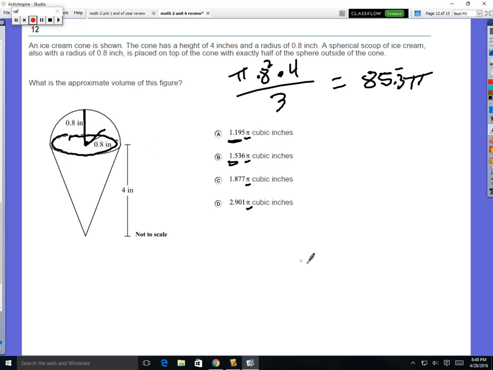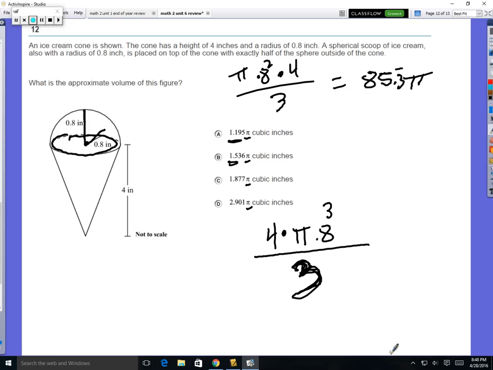So the formula for sphere is 4 times pi r cubed, all divided by 3.